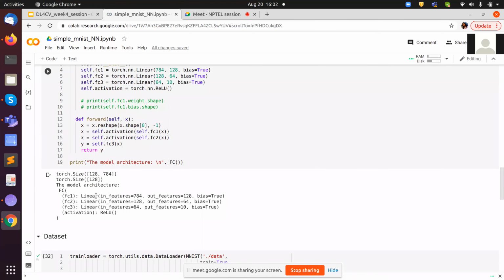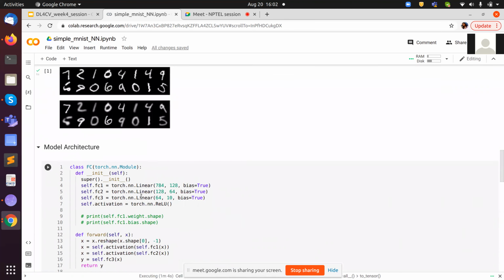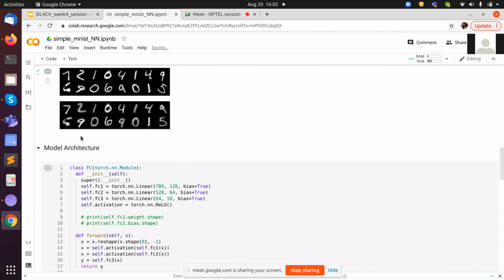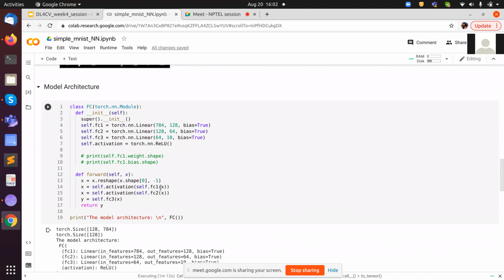So you see here, this FC1 is a linear layer, right? So this linear layer is expecting a one-dimensional input, and the dimensionality of that one-dimensional input has to be 784. And the images which we are seeing here are 2D arrays. So that is the reason we have to flatten it to one-dimensional space.